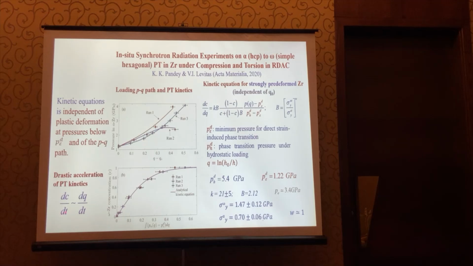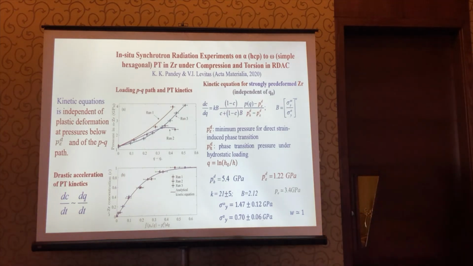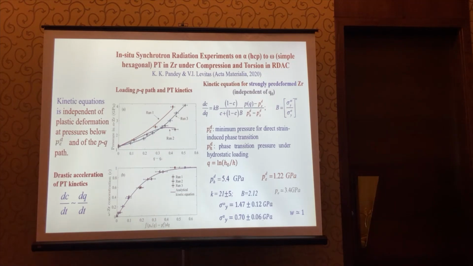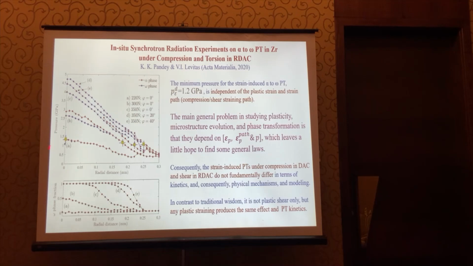Time can be excluded, but if we keep it, we see that the rate of transformation is proportional to the rate of plastic deformation. So it can be significantly, drastically accelerated with strain rate, and I will show an example of this. Now, these are pressure distributions at various stages, but what is important is that this is the minimum pressure for initiation of phase transition for different loadings.